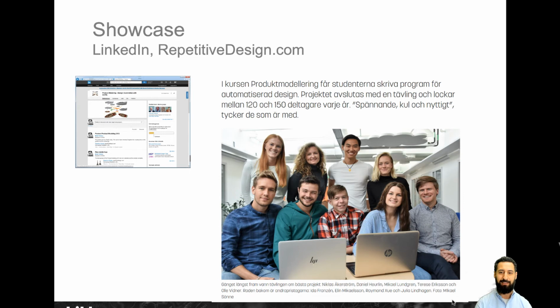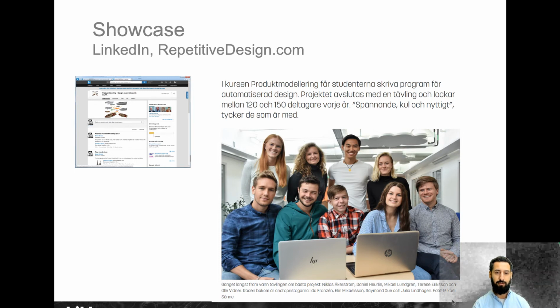But it's the guy who is sitting down, who has a gray shirt. He's actually working at our division. Really bright guy, really happy to have him on our team. And the others have worked with design automation related master theses, which were also really awesome.